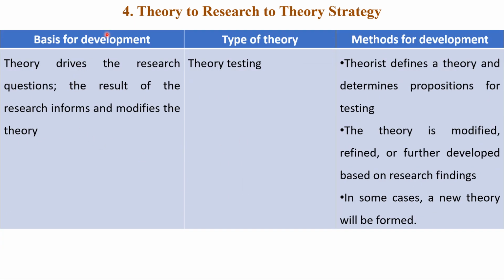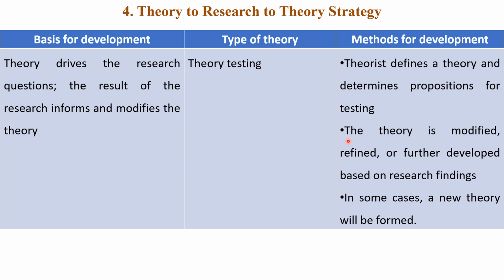The basis for development is that theory is first there and drives the research question, and the result of the research informs and modifies the theory. This type of theory is known as theory testing. The method for development is that first the theorist defines a theory and determines propositions for testing.